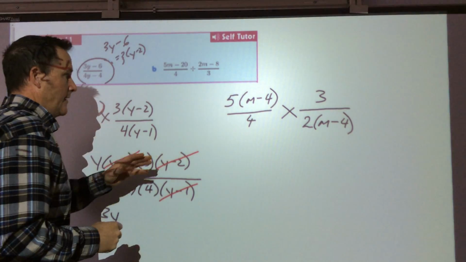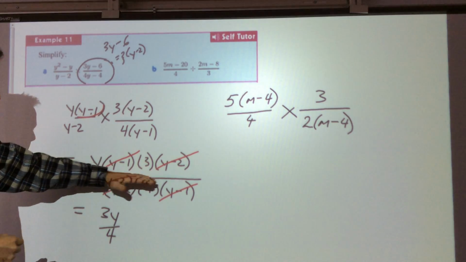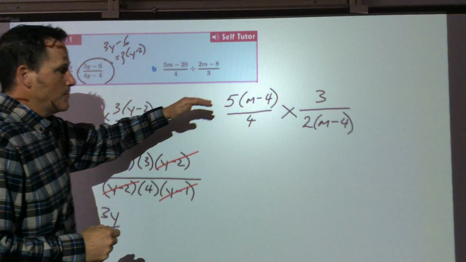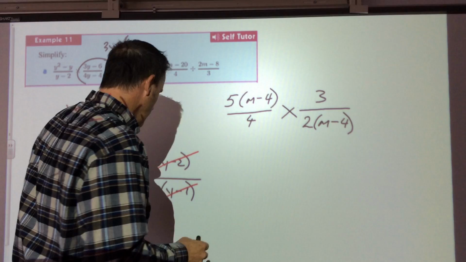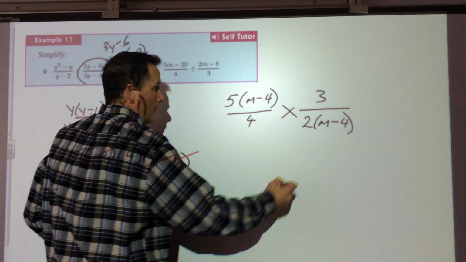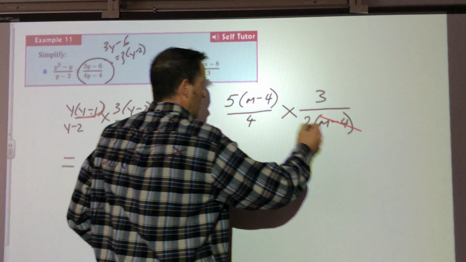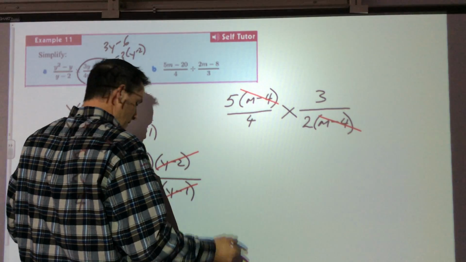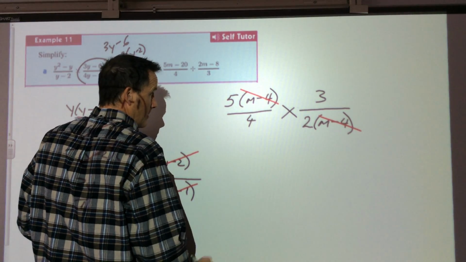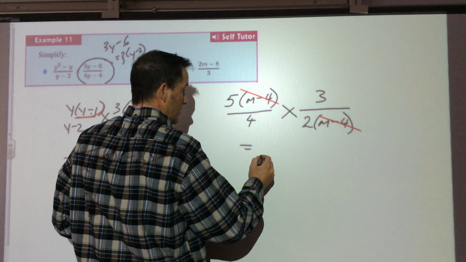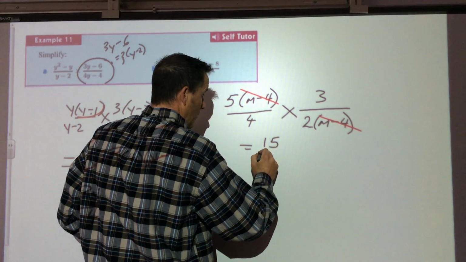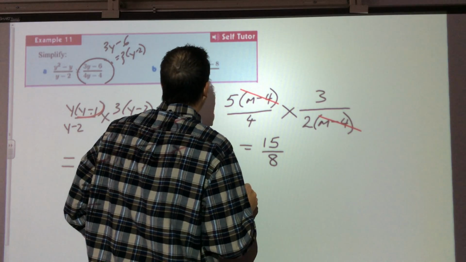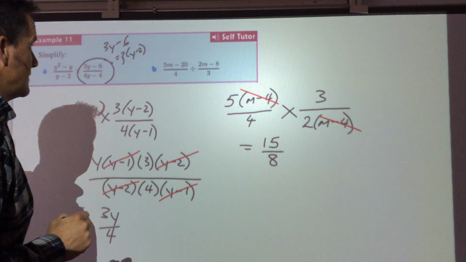Now, I don't have to all of a sudden take this step down here to cancel. This multiplication is enough to tell me I can do that here. So all of our variables are gone. We're now left with 5 times 3, 15 over 8. Pretty sweet simplification.